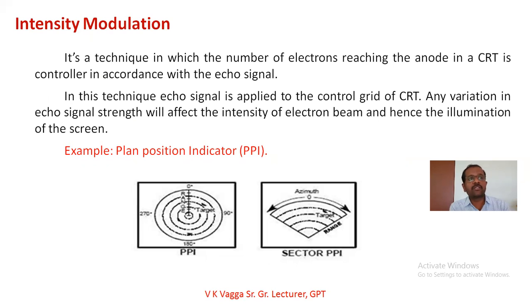It is based on the intensity of the light. I think you know about intensity: increasing the brightness, and decreasing the brightness. According to the intensity of the electrons, it displays the signal on the screen here.